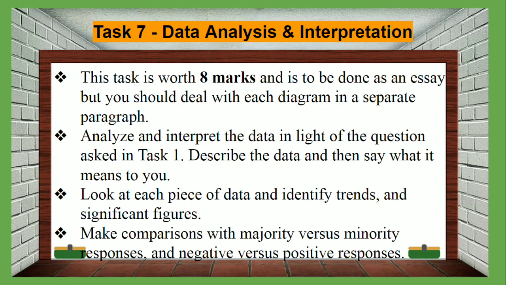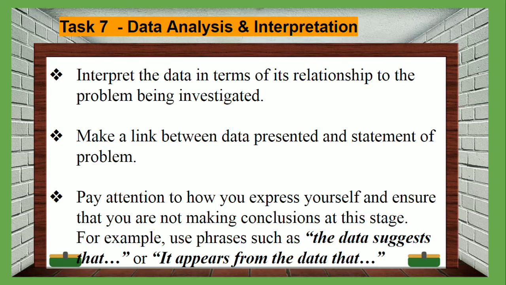Describe the data first and then say what it means to you. Look at each piece of data and identify trends and significant figures and patterns that you notice. Make comparisons with majority versus minority responses. Compare as well the negative versus the positive responses.